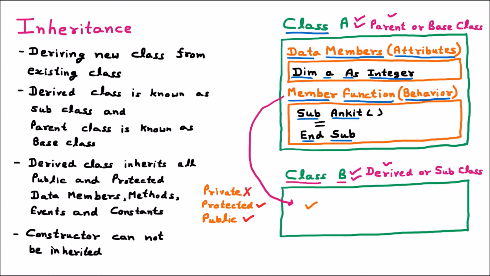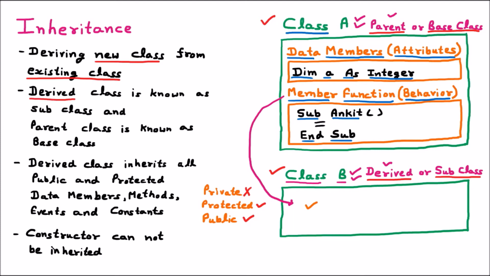Whenever we are using the members of a class in another class, that is called inheritance. Now the class which is on the top is called the parent class or the base class, and the class which is going to inherit is called the derived class or the subclass. Here it is mentioned that we derive a new class from the existing class. So a new class can be created, or in some class we can take out the members of the previous class.